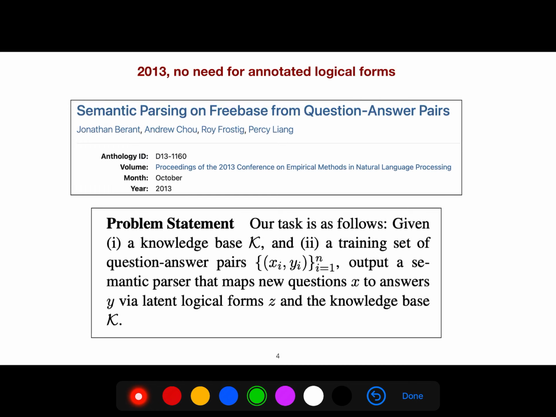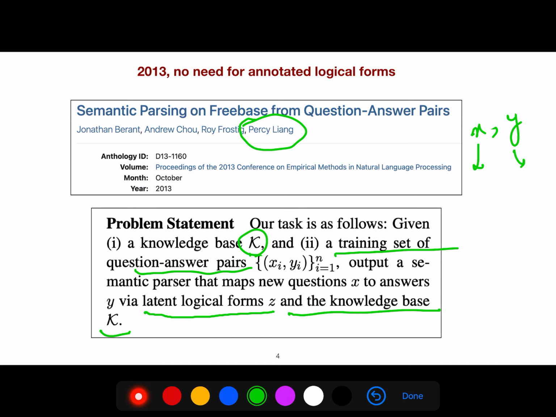And I will explain this article from Percy Liang. The problem is, given a knowledge base, your knowledge graph, and a training set of question-answer pairs, output a semantic parser that maps new questions to answers via latent logical forms Z and the knowledge base K. So still we have X and Y, this is a sentence, this is a sentence.